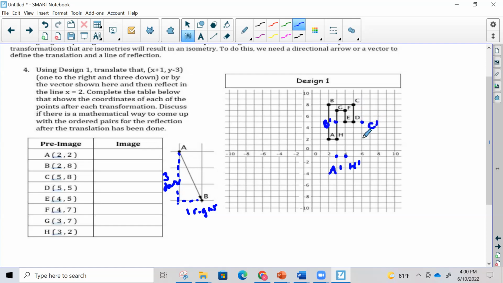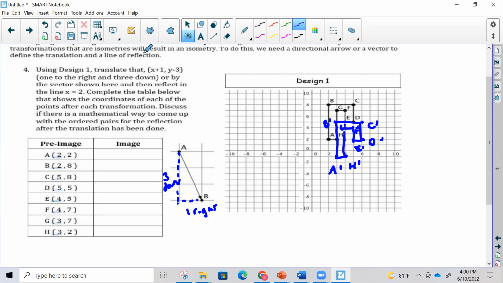I'm doing this for each point. F, same thing. G. And then I did H. Okay, so that's my new translated image.